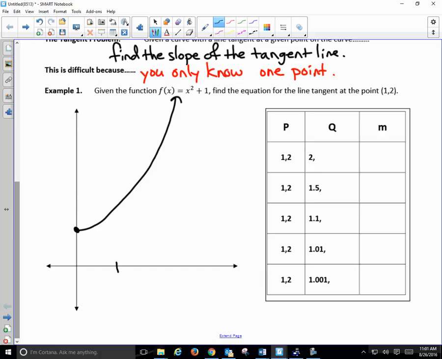We're keeping up. So we got 1 and we've got 2. So if you plug in 1, you get 2. So we're going to call this point P, and we're going to give it a coordinate of (1, 2). Now I'm going to draw a line tangent at that point.